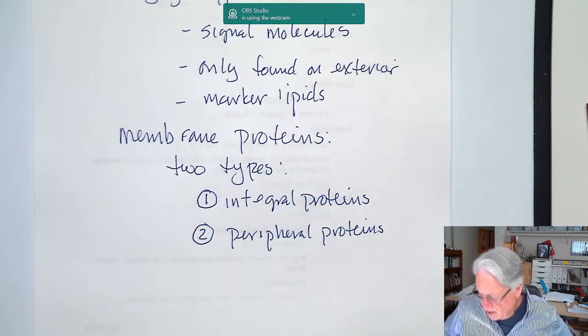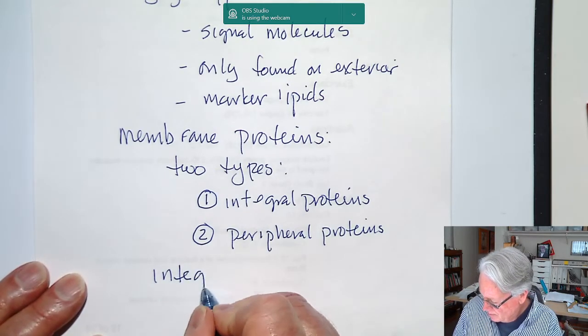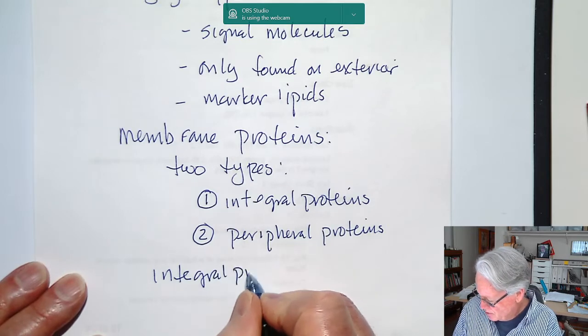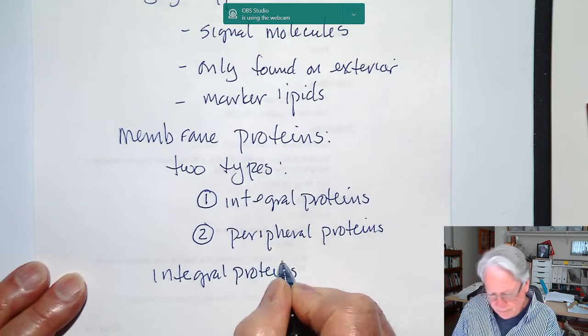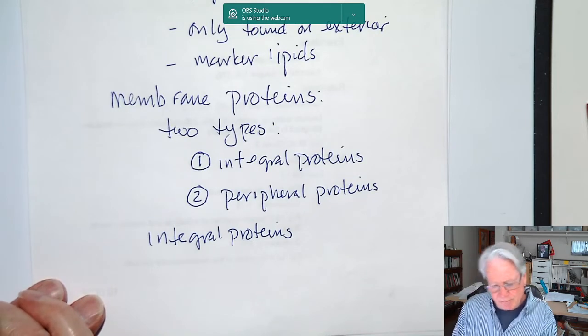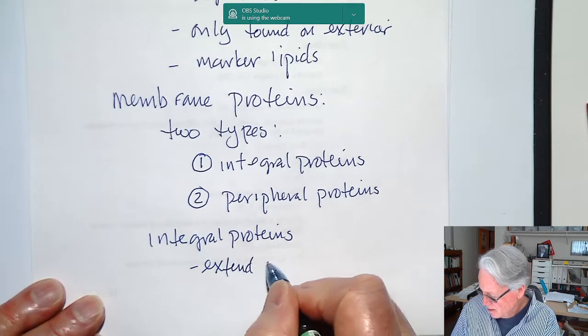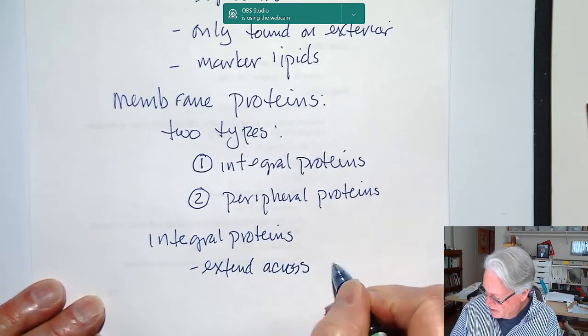Okay. So integral proteins, what they do is they're going to extend across the membrane.